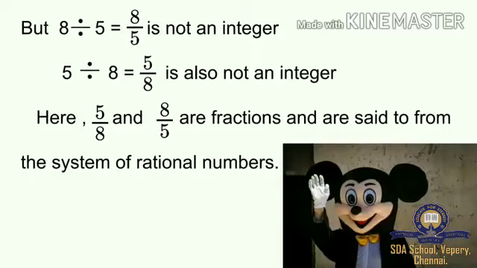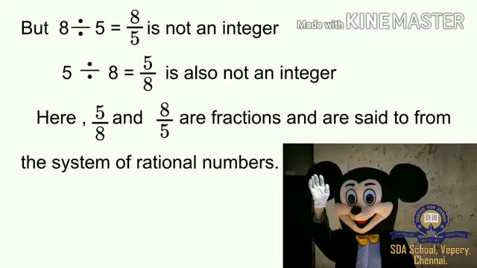And if we divide 4 divided by 2, the answer will be 2. This is an integer. But if we divide 8 divided by 5, the answer is not an integer, right? If it comes like this, it is not an integer.